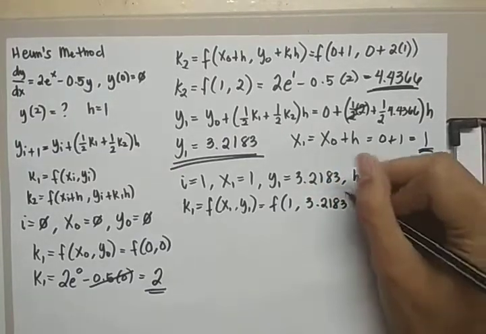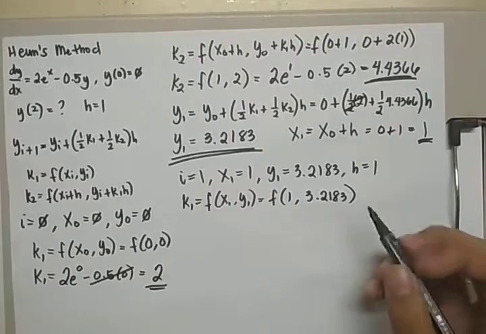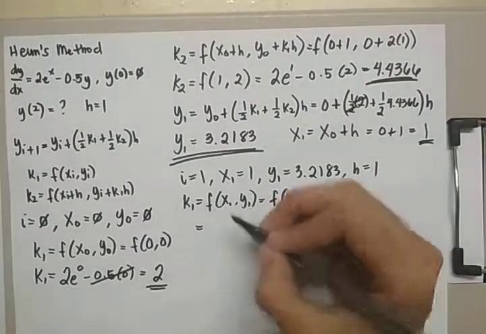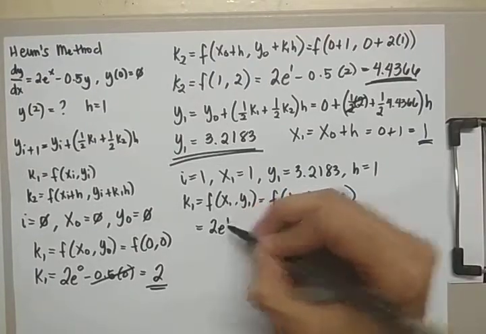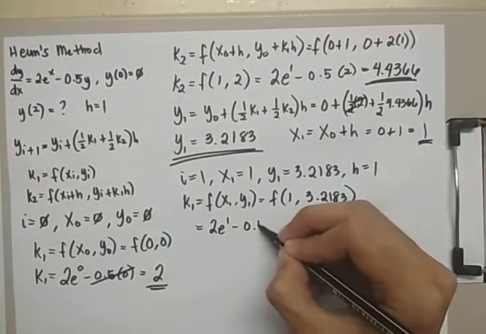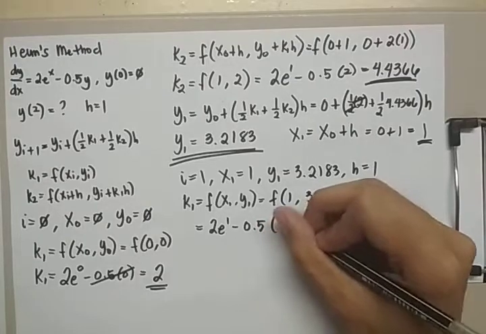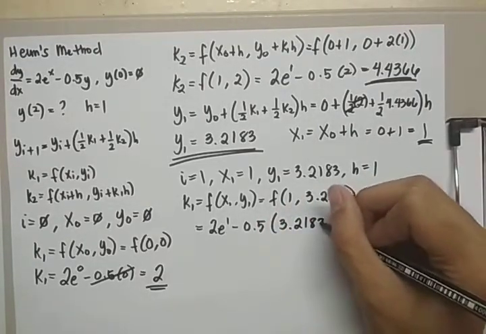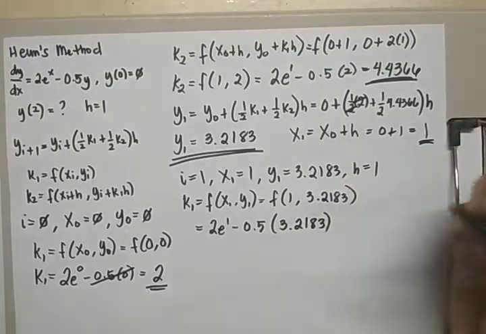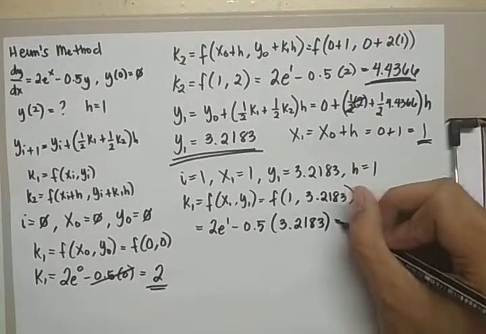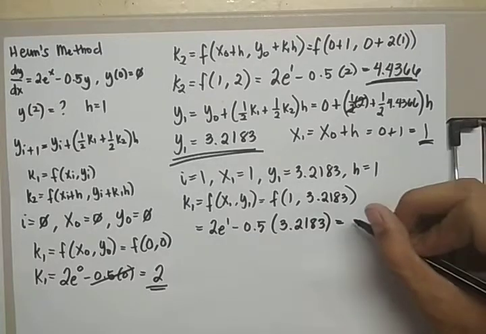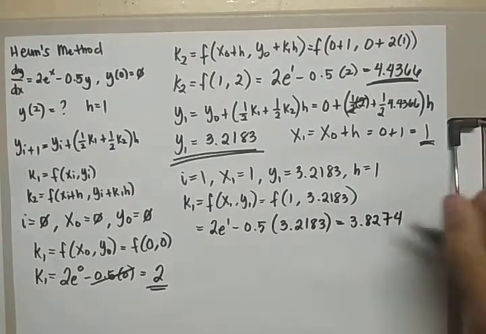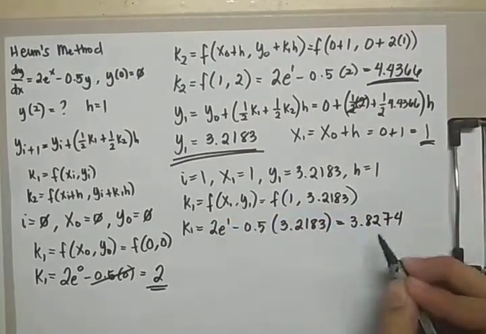Substituting these values of x and y, we have 2e raised to 1 minus 0.5 multiplied by 3.2183. By calculating, we get 3.8274 for our k1.